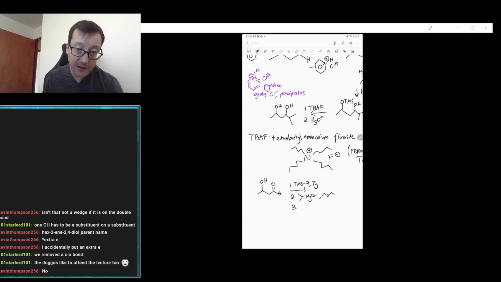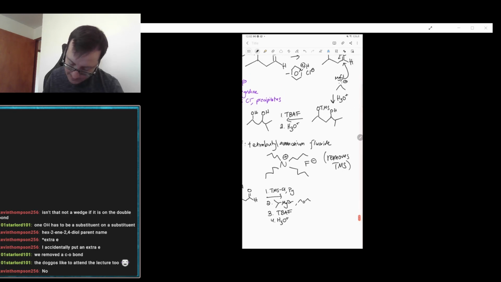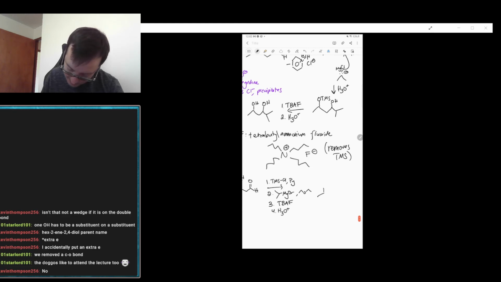Third thing, you can actually leave your Grignard as is, as you don't need to do the acid wash right away, because we're going to do an acid wash with this step. And in that case, you end up with the alcohol here. You've got your alcohol.